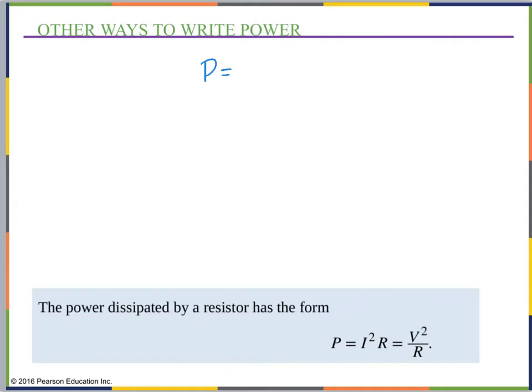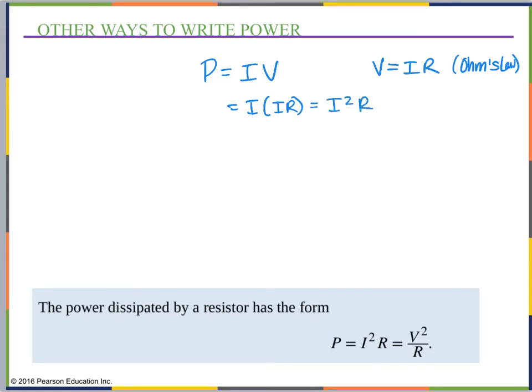So we have just found that one way that we can write power is current times potential. And we're going to use Ohm's law to write it in some other ways. So for instance, what if I took Ohm's law and substituted for V, I times R?